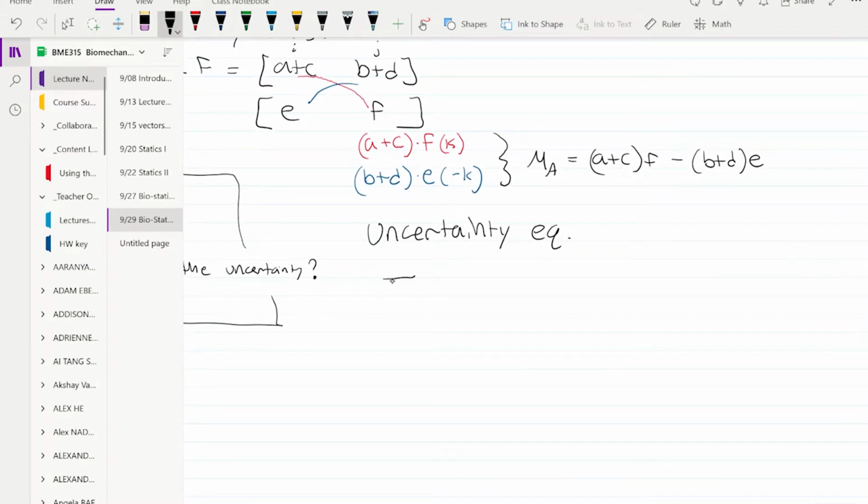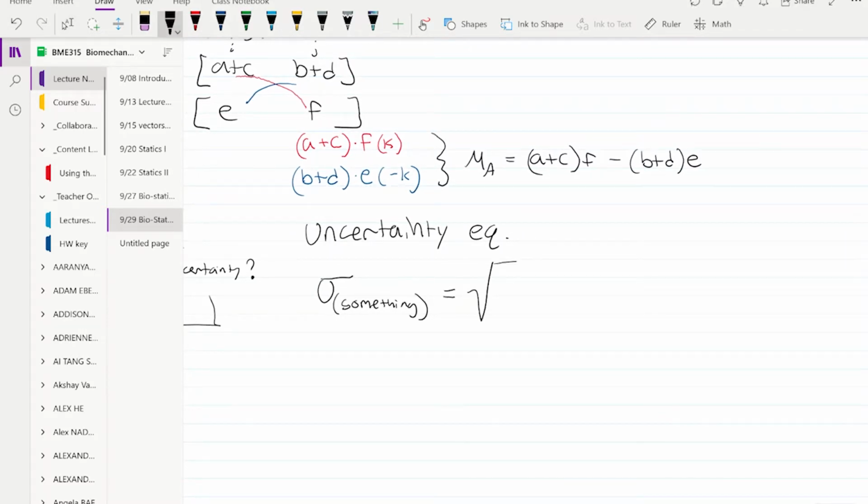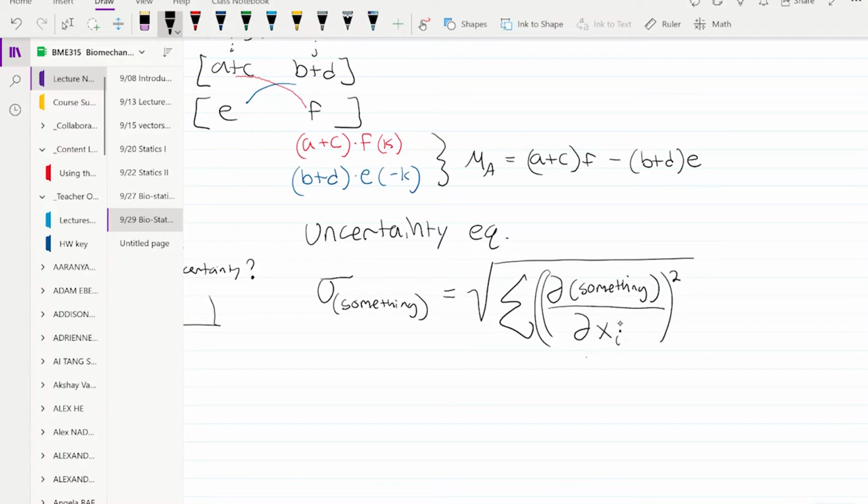It says that this uncertainty sigma about something is equal to the square root of the summation of the partial of something with respect to each variable in something, squared, times the uncertainty of each variable squared.